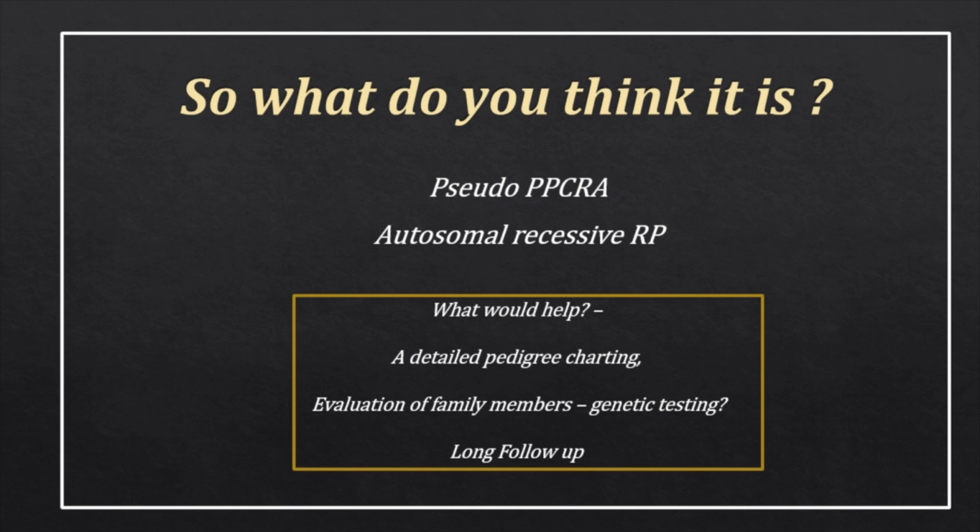It's caused by inflammation, which itself is hypothetical, or by genetic basis, which also is hypothetical. It's difficult to call it as something else. So I would think that there is really not much difference between calling it pseudo PPCRA or PPCRA, because both are at the end of the day morphological diagnoses, not etiological diagnoses. Correct.